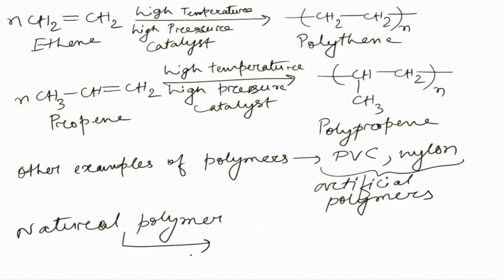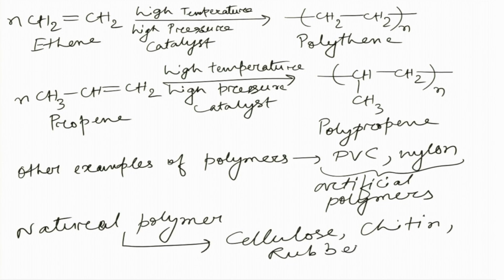Examples of natural polymers can be cellulose, chitin, rubber, etc. Okay, rubber is made artificially also, but the original rubber is the natural rubber. Okay. So, these are the polymerization reactions. Polypropenes are used for making plastic buckets, etc. Okay.